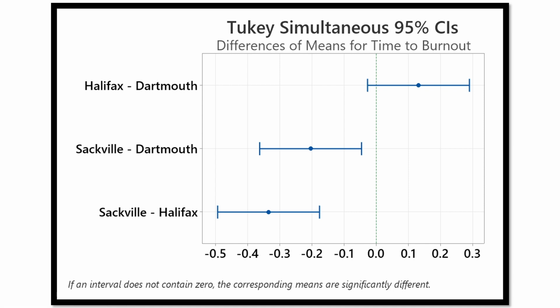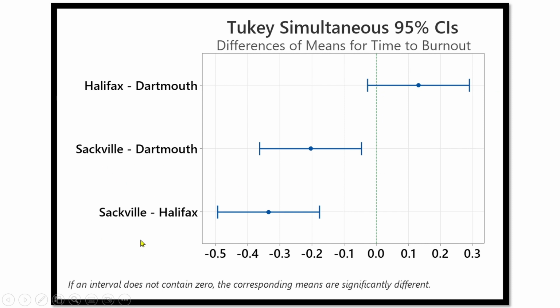Now, in the final exam, when it comes to this kind of question, you might be given a table as we just looked at, or you might be given a diagram like this one. And so here you can make the same conclusions simply by visual inspection. So you can see a comparison of the mean response for Halifax versus Dartmouth. That interval contains 0, so there's no reason to reject the null hypothesis.